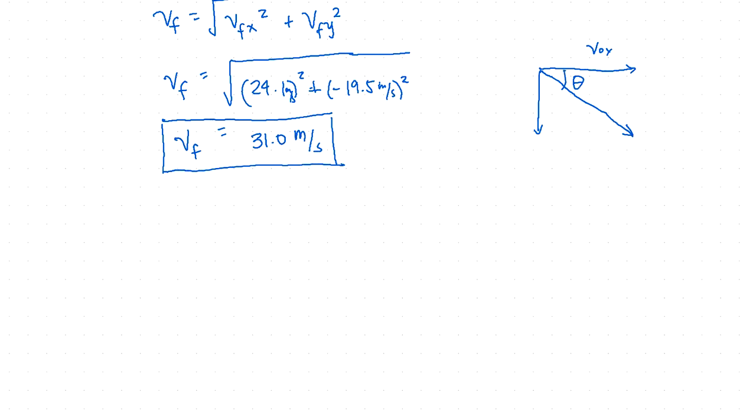So, yung angle equal siya sa arctangent nung y component over the x component 'no. Equal siya sa negative 38.97 degrees or puwedeng sabihin natin na negative 39.0 degrees.